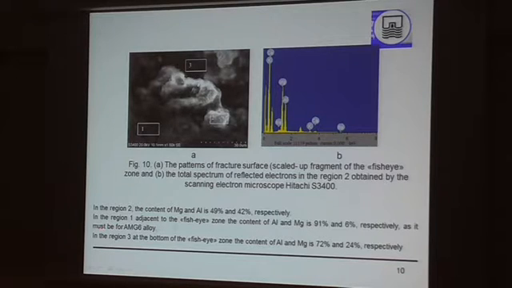In region 1, adjacent to the fisheye zone, the content of aluminium and magnesium is 91% and 6% respectively, as it must be for Mg6 alloy. In region 3, at the bottom of the fisheye zone, the content of aluminium and magnesium is 72% and 24% respectively.